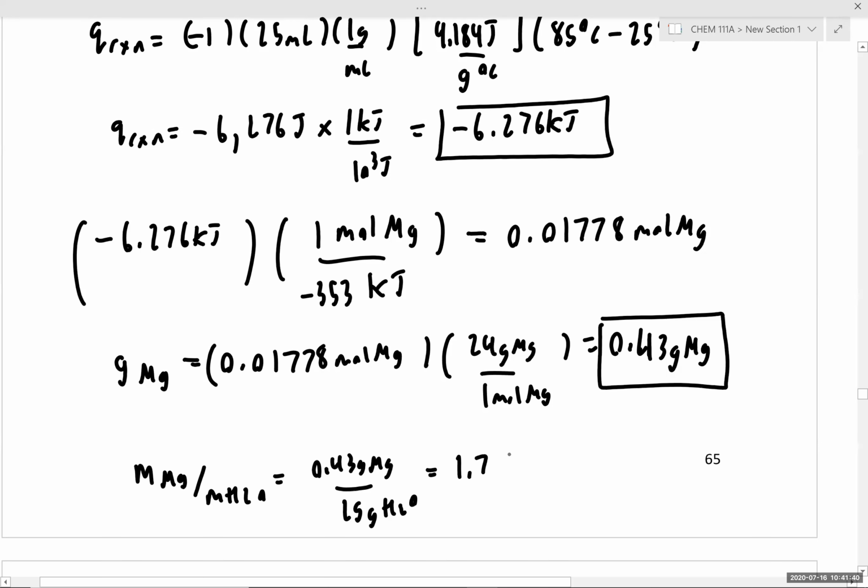Turns about 1.7%. So then the mass of magnesium is negligible in calculating heat absorbed by the mixture.